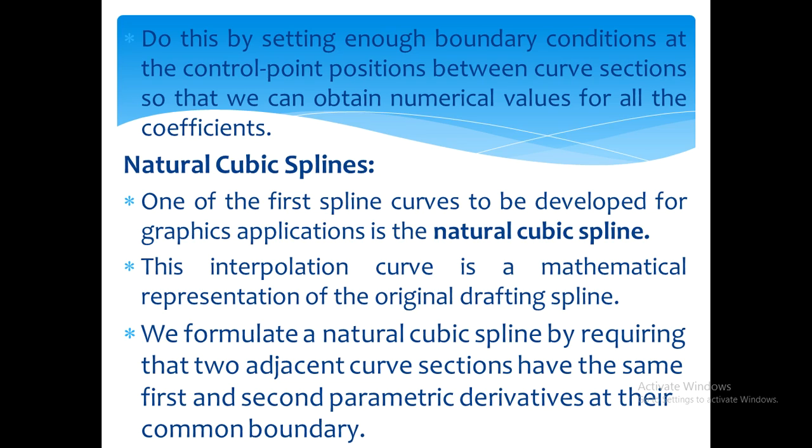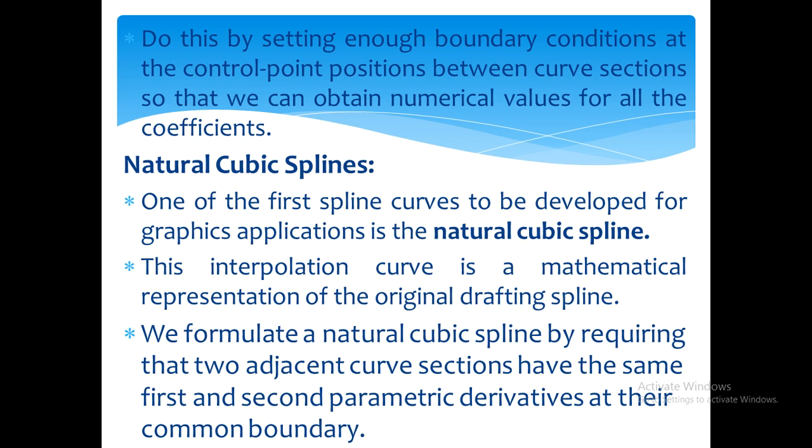When joining, the end point of the first piece and the start point of the next piece must be at the same point. To check these properties, we set the boundary conditions at the control point positions between the curve sections, so that we can obtain numerical values for all the coefficients.